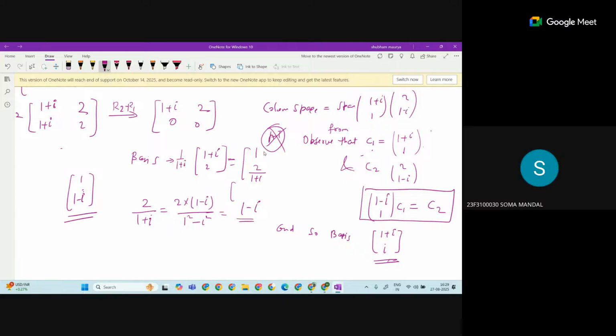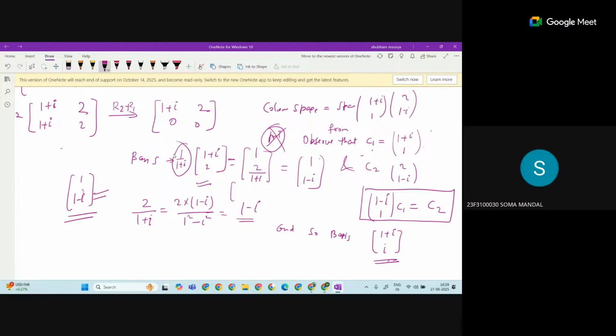So either this is what you write or that is; both are simplified. What is the meaning of multiplying this or dividing by 1 plus i?